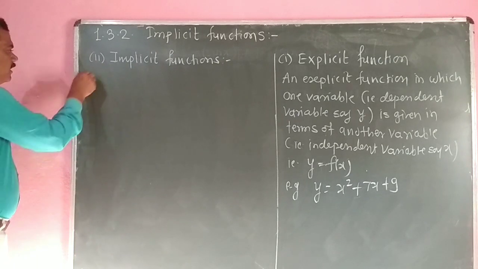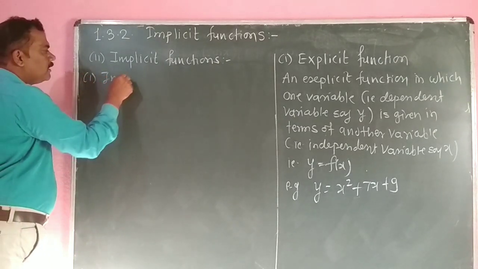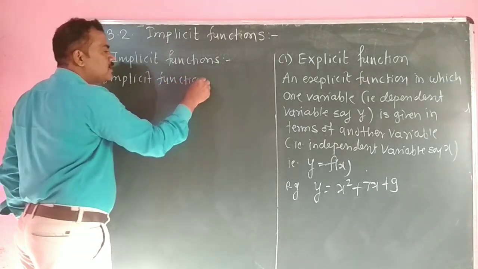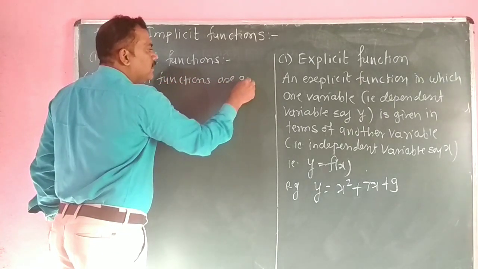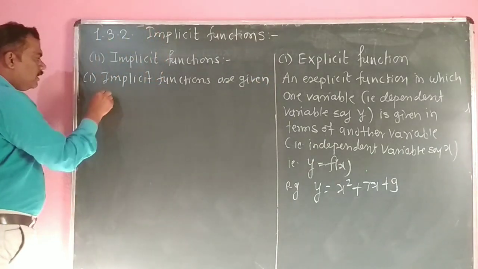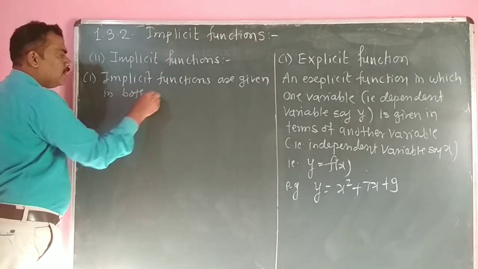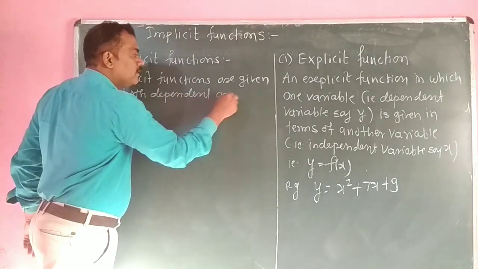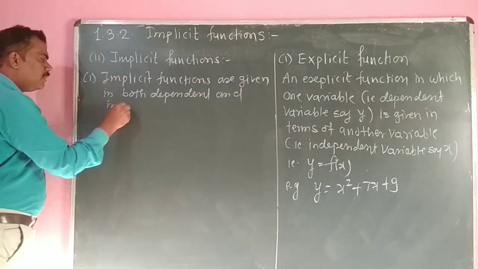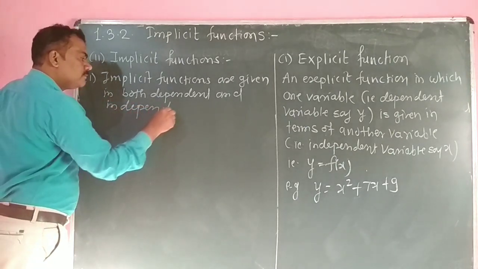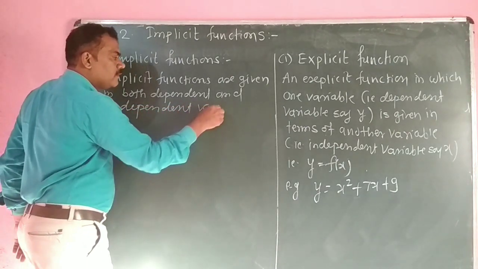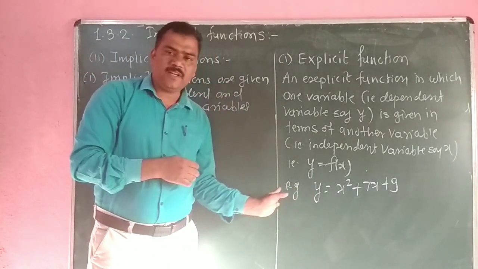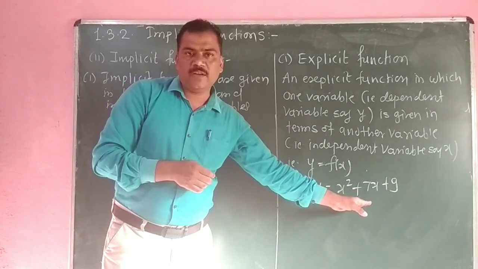In an explicit function, the dependent variable is on one side and the independent variable on the other side.